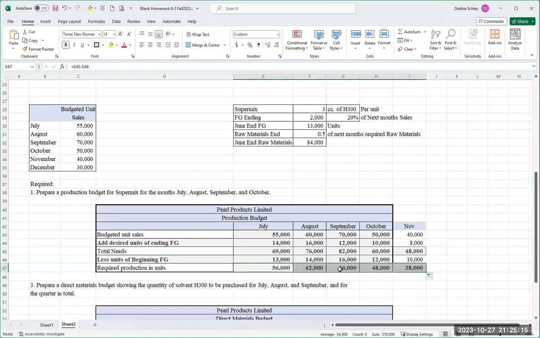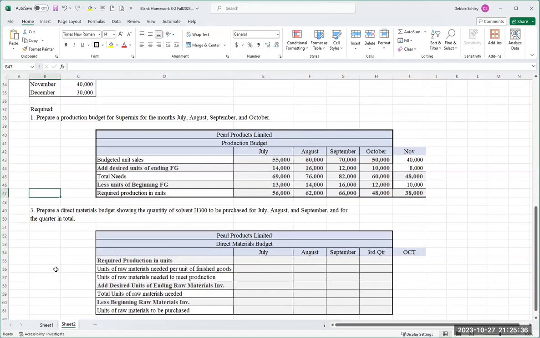And I just drug that formula across because it's the total needs minus the beginning on each of those. Okay, that takes care. And again, in the book, you're only filling in until October, but we had to figure out some of these numbers so that we could figure out October's numbers. Okay. And don't ask me why it says required 3 in the book. My guess is they took away a requirement, which, yay, that's nice.